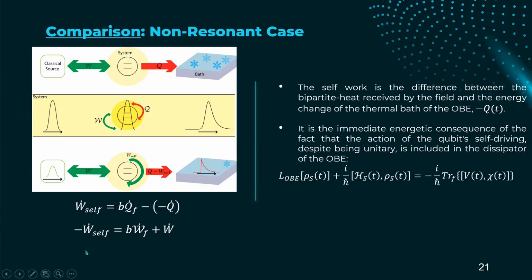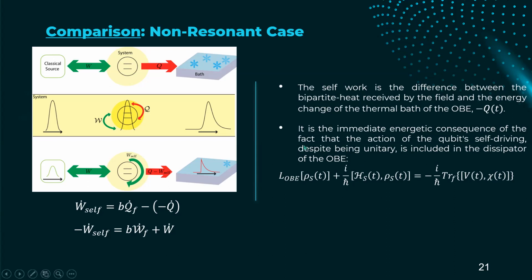So that you can see here. Okay, and all of this is essentially because the field is coming into play now, into the self-work done on the qubit. It is an immediate energetic consequence of the separation of the self-drive term from the dissipator.